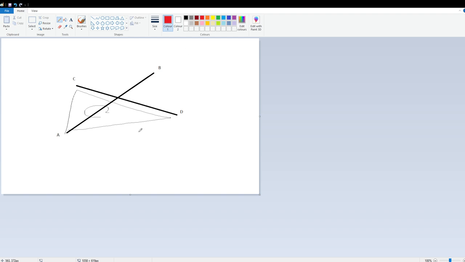I'll take my red again. Then I have a triangle BCD, which is counterclockwise. So currently the algorithm would say it does not intersect because those two orientations are different. Actually, the orientations are different, so it would say it would intersect. It's only if they are equal that it doesn't intersect.